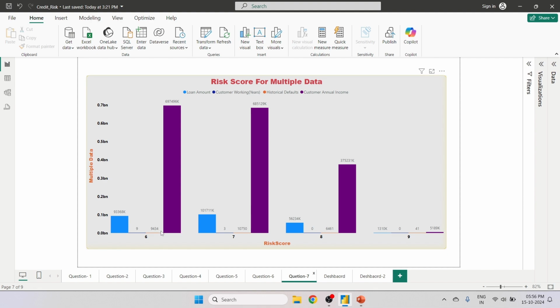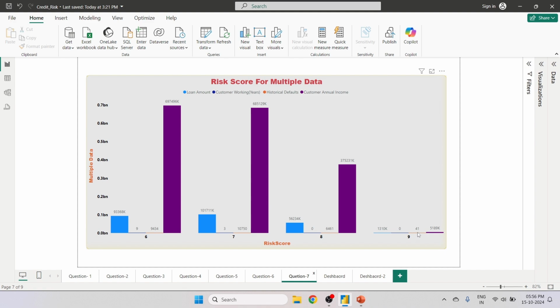Here we have 6 as my risk score. Here 11 is my highest score, but it means these people have the highest default chance. Here we can see 1310k is the loan amount, and 5189 is the customer annual income.